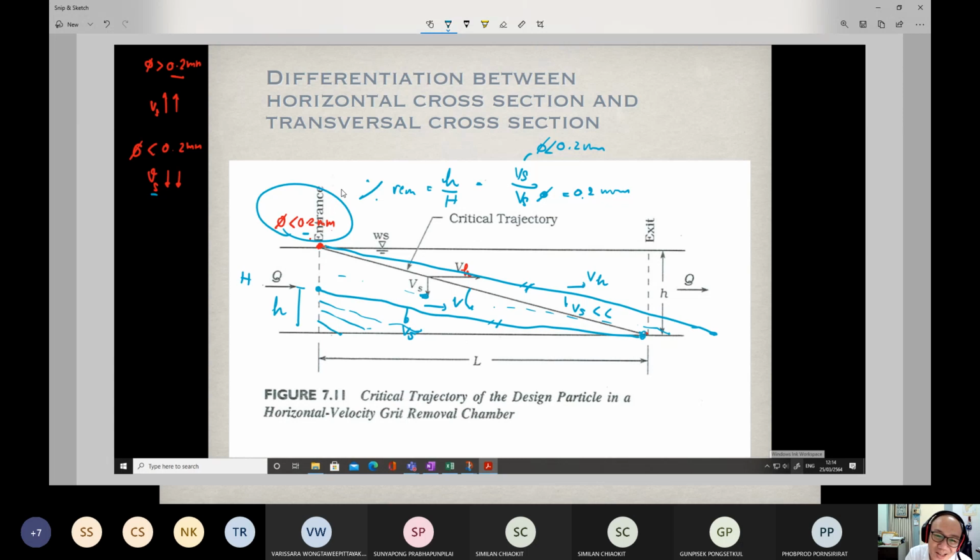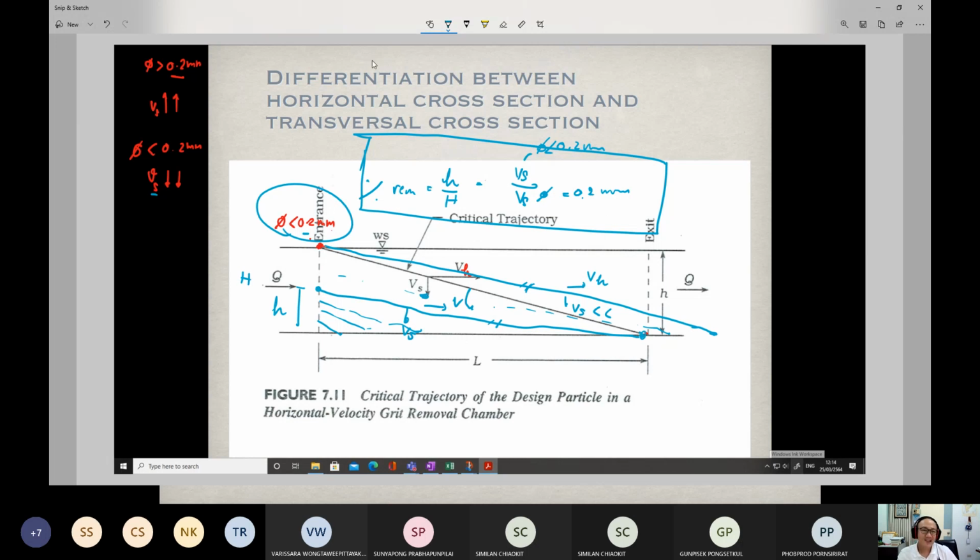Okay, so the percentage of removal by this grid chamber can also be determined by comparing the settling velocities, especially for the particle size smaller than 0.2 millimeters with the particle size 0.2 millimeters.